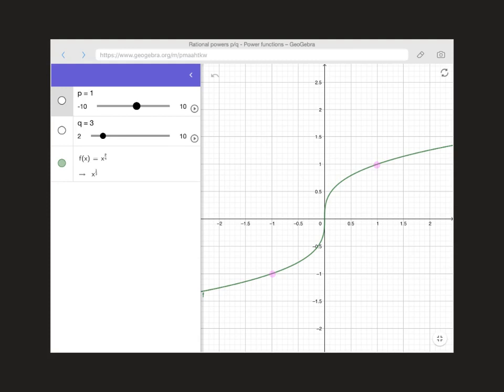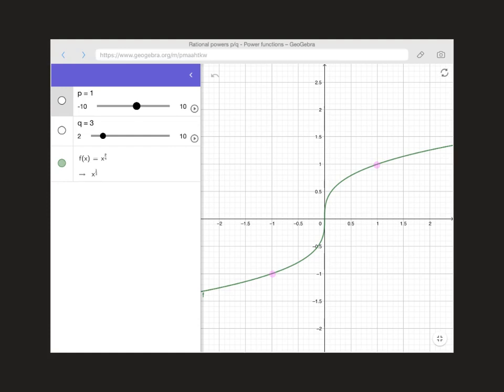In particular, look at the shape of the graph here and here, and think about the graphs we've investigated before, in terms of which direction this moves. Does it move towards that point up there, or towards this point down here? What happens to this arm here? Does it go up? Does it come down? What happens to the arms as the numerator increases?